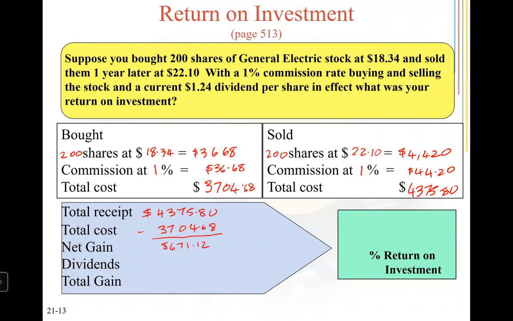And then for the dividends, I multiplied the 200 by the $1.24. And that gave me 248. I add the 671.12 and the 248 together, and that gave me $919.12.